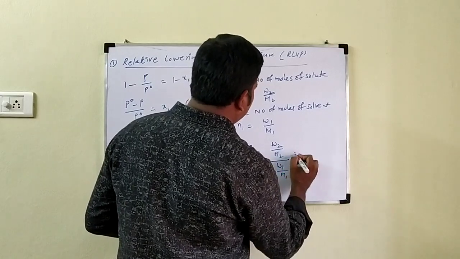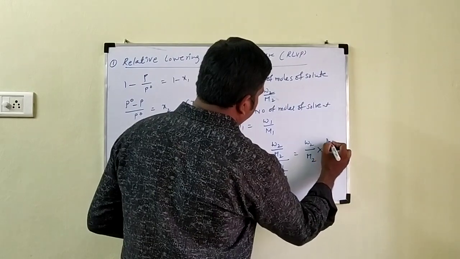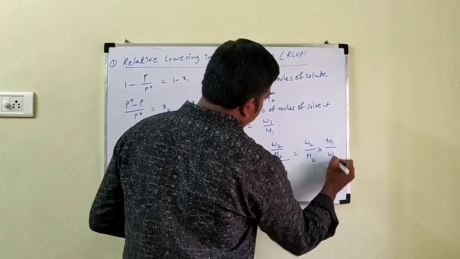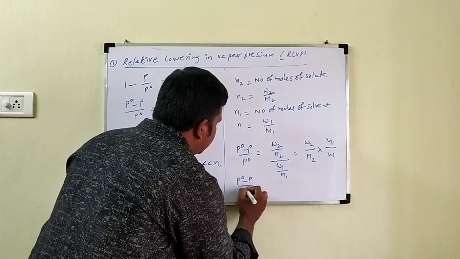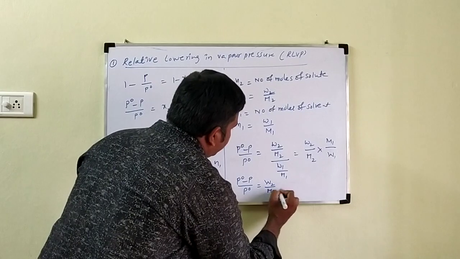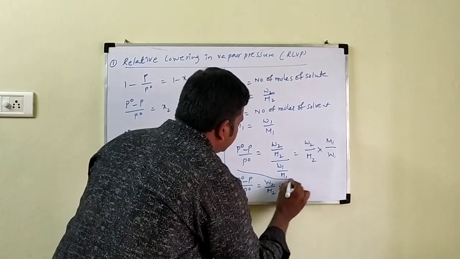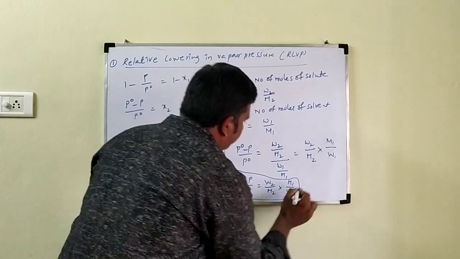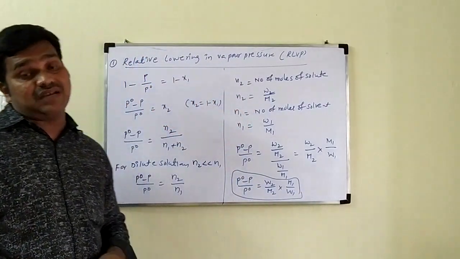From this you are writing what? W2 by M2 into M1 by W1. So what is the final formula you got here? P naught minus P by P naught is equal to W2 by M2 into M1 by W1. So this is the formula we are using to calculate the molar mass of the solute.